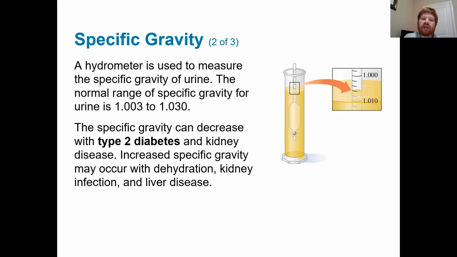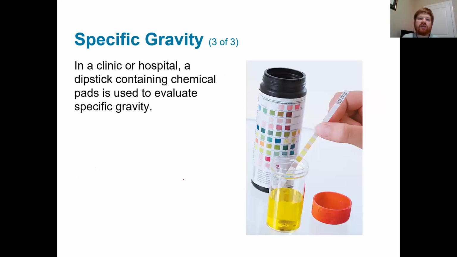If it's lower than that, that can indicate that the patient has type 2 diabetes or some type of kidney disease. And if you have an increased specific gravity, that can occur due to dehydration, kidney infection, or liver disease. So again, this is just showing you how specific gravity is related to density, and how we use that in health methods.